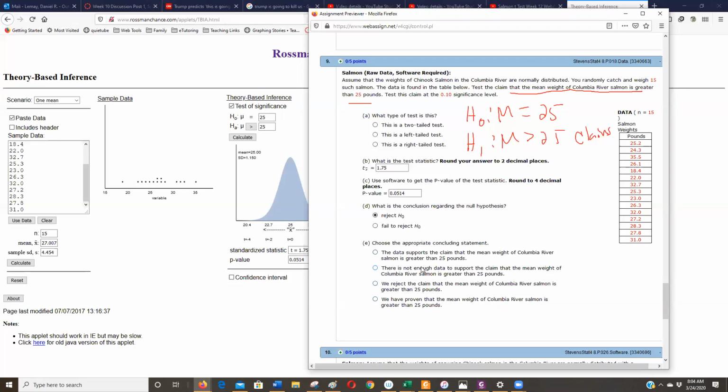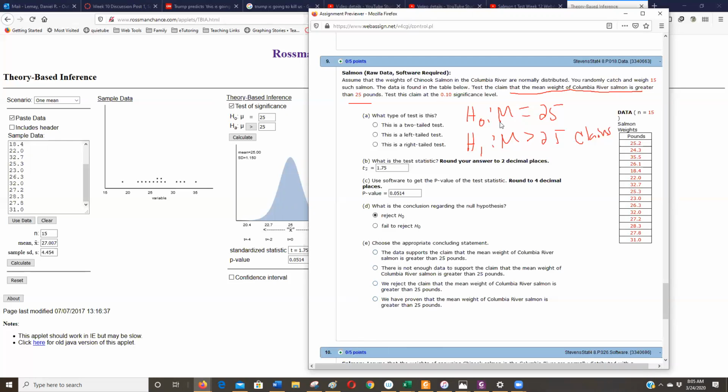I really like that flow chart. If you look at my testing notes, I like the way the flow chart words it better. But Dr. Stevens was fine also. That's just Dan LeMay's opinion getting in the way, and my opinion is not always that accurate. So the data supports the claim. We certainly haven't proven it. We never know this for sure, because we could be making a type 1 error, right?